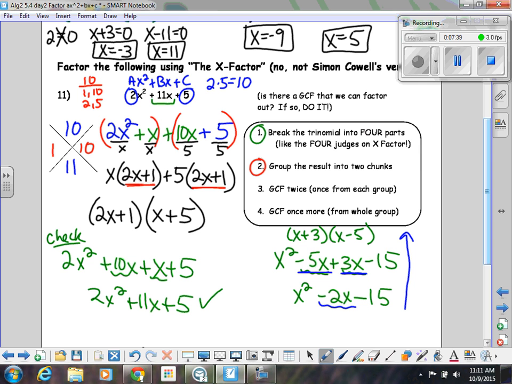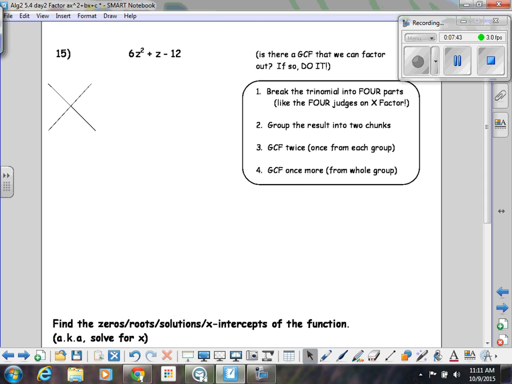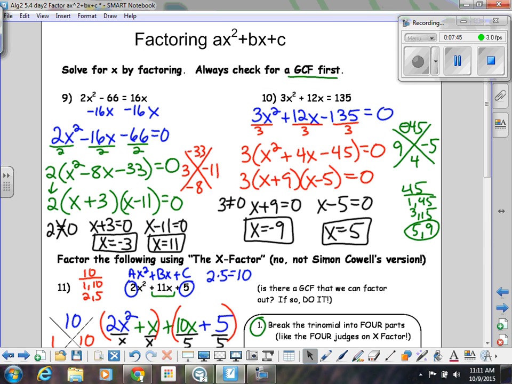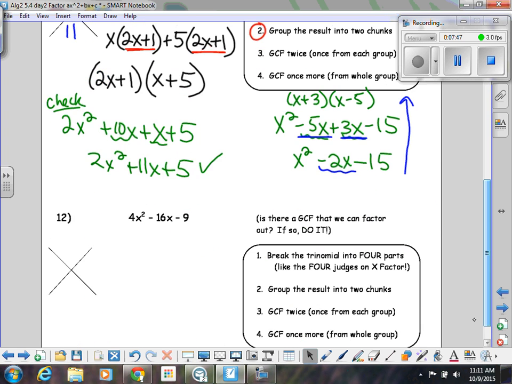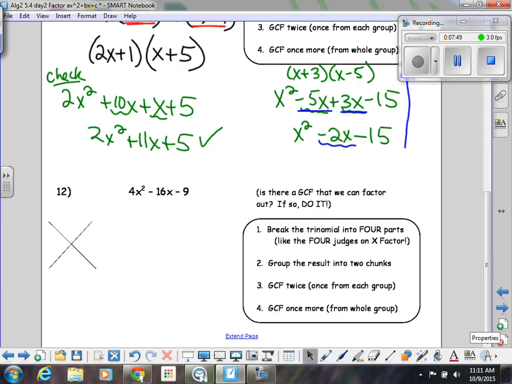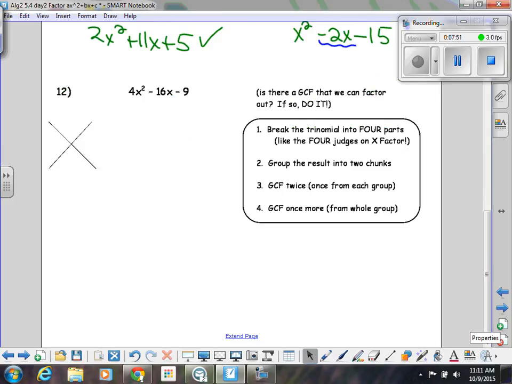Okay, so let's do some more like that, because this will take some practice. All right, so we're down here. And remember, the first thing we want to do is check for the greatest common factor. But if you look at 4 and 16 and 9, none of those numbers can be divided by any other number besides 1.